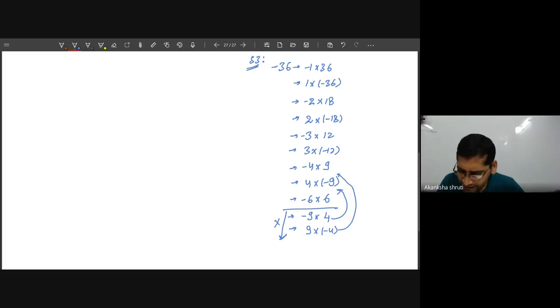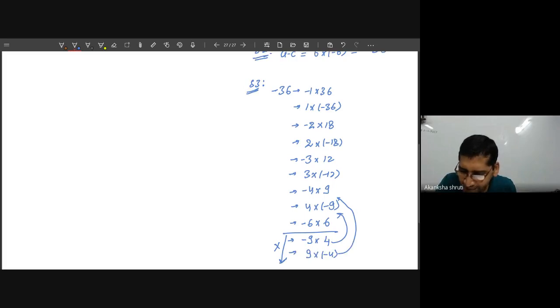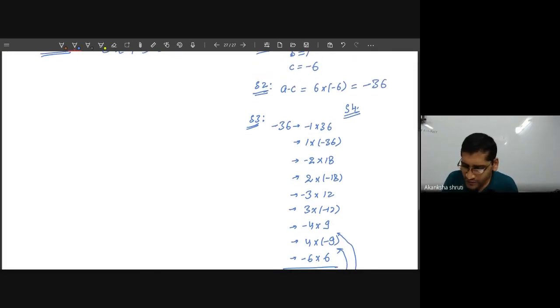Now, students, among these factors we have listed, we have to search which is the suitable one. How to search? For that we have step number 4. You have to add these two factors.